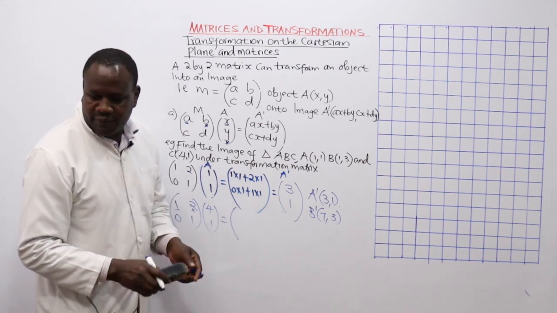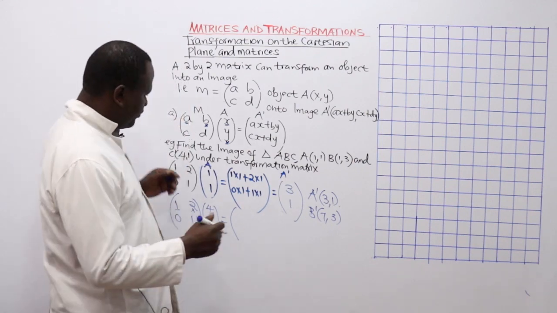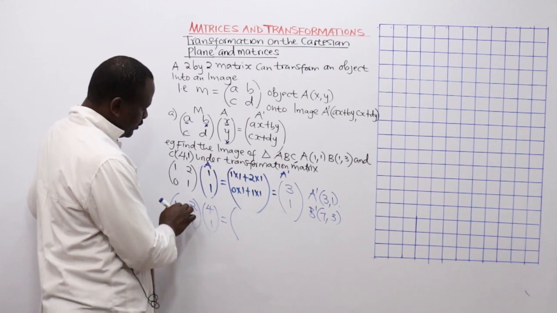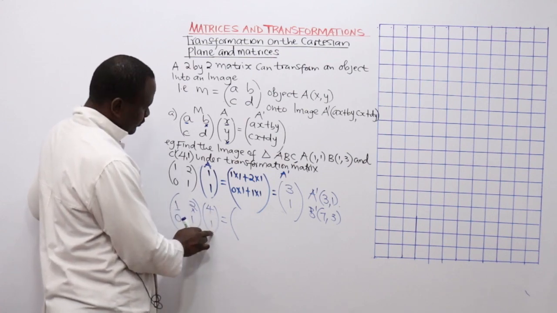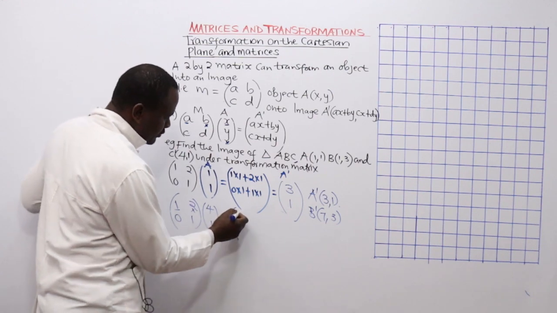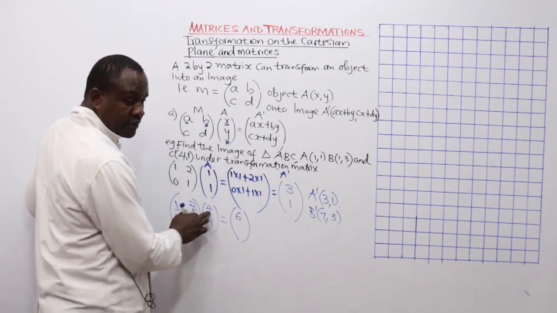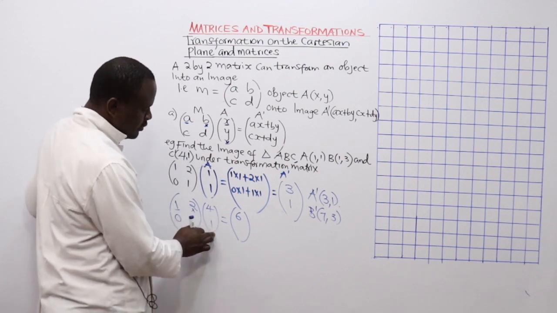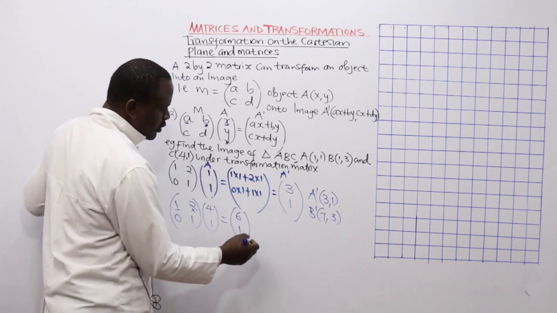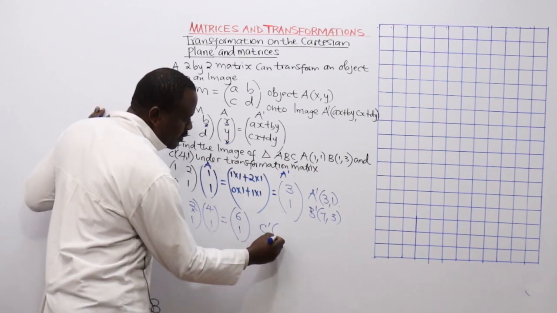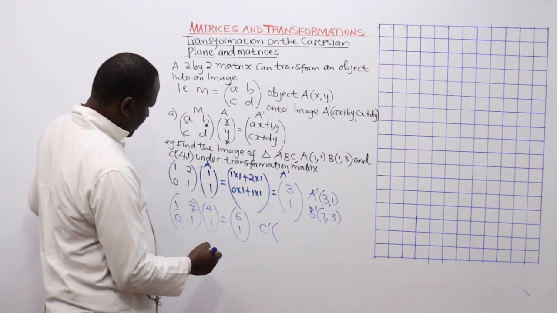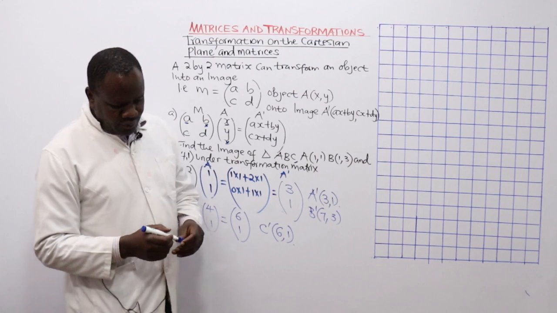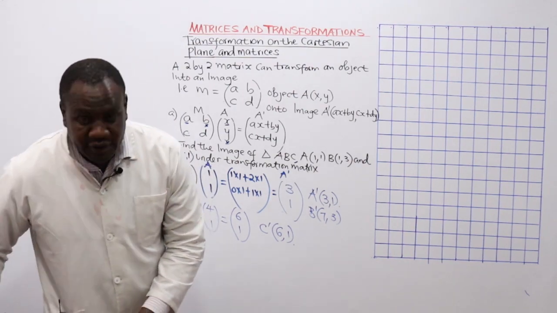It would be better if we used the calculator because it knows arithmetic. 1 times 4 is 4, plus 2 times 1 is 6. 0 times 4 is 0, plus 1 times 1 is 1. So the image of C is therefore 6, 1. And then we plot on the Cartesian plane.